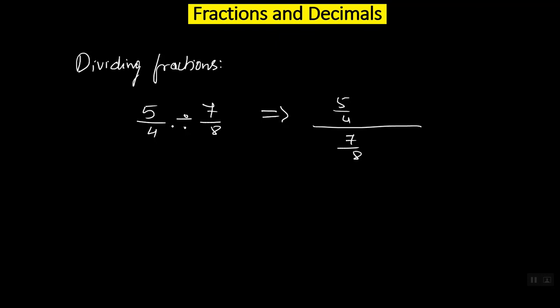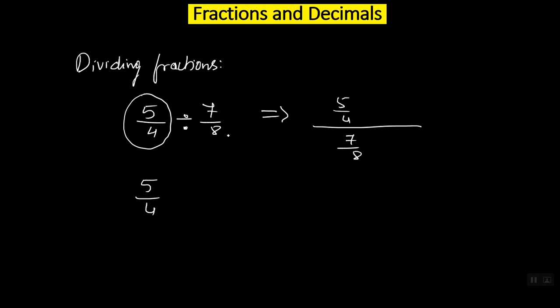Whenever you do a division of a fraction, remember one thing: keep the first expression as it is, that is 5 by 4 as it is, and while converting this division into a multiplication, you have to flip the number.